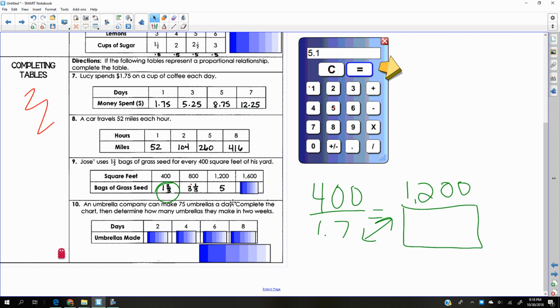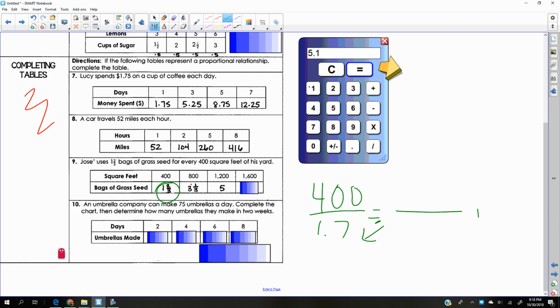Okay? And then finally the last one. Okay, whoops. That's a 0. All right, so 1,600 square feet. We're going to need how many bags of grass seed? All right, so what are you going to do?